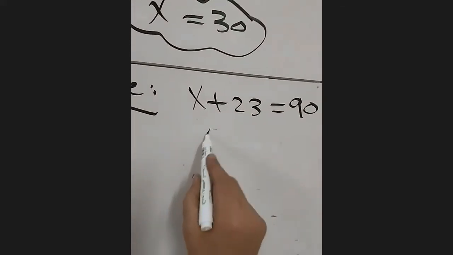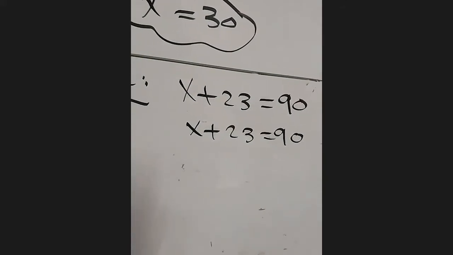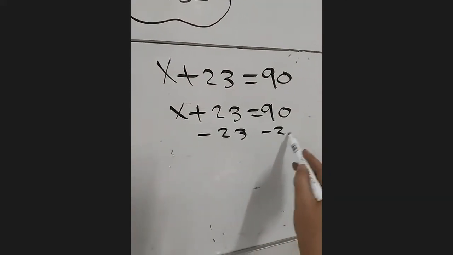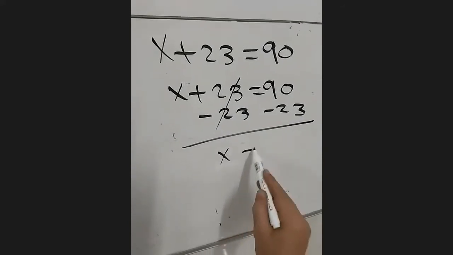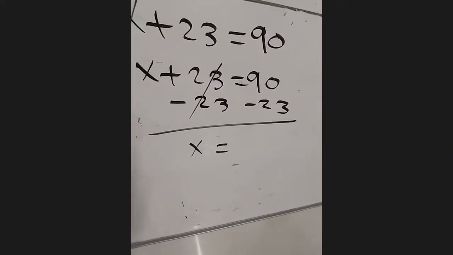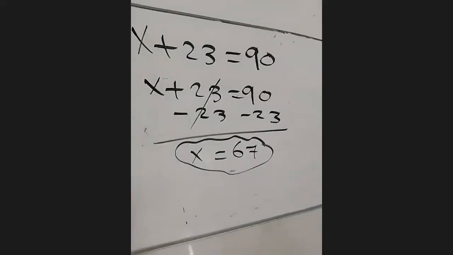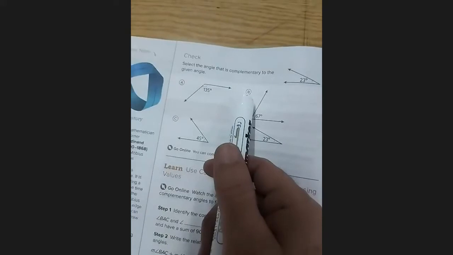What will I do to solve the equation? First, we rewrite it, then minus 23 on both sides. So x will be what? 67. Where is 67 in the choices here? So B. Select B, guys. B is the correct answer.